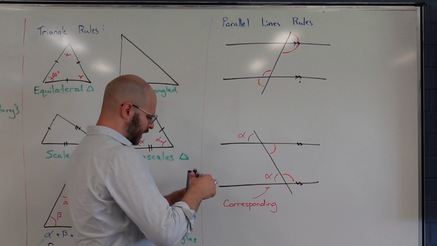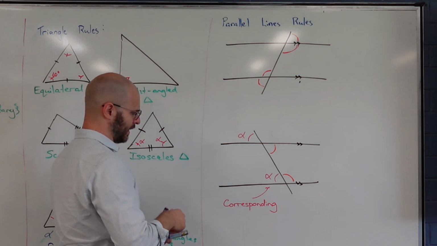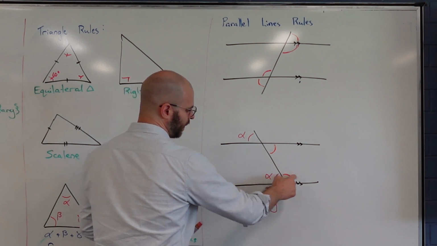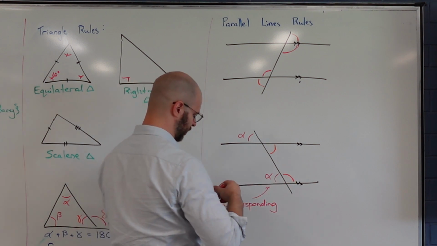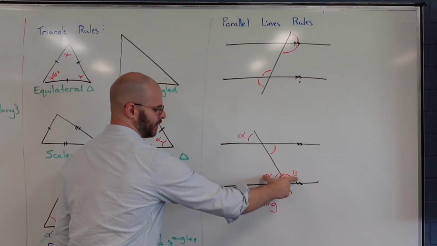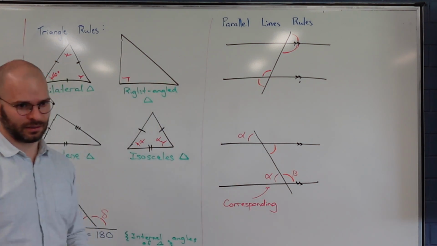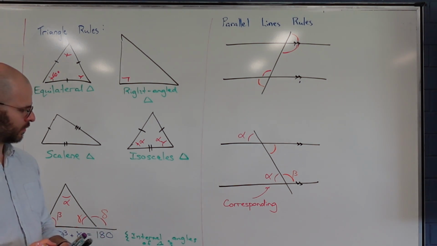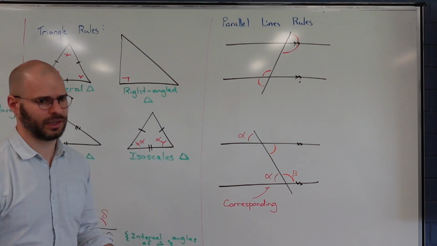Now, the other one that we need to look at is these two angles here. If we've got angle alpha and angle beta, what relationship are alpha and beta in? Supplementary. They're in a supplementary relationship.